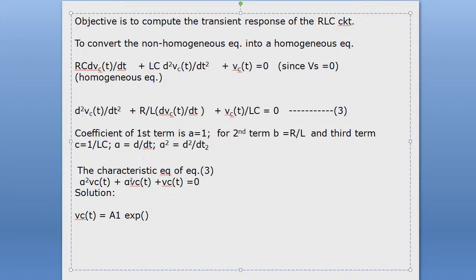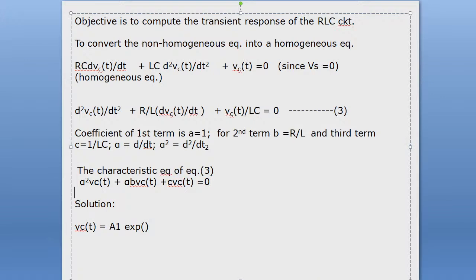For this case it will be a, for this case b, for this case c. Okay, now you take VC common from these three terms, then you can write alpha square plus b alpha plus c equal to 0.